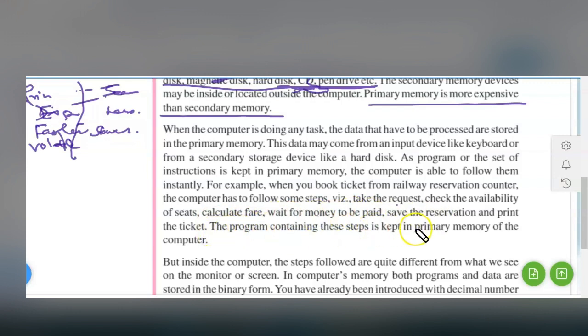All this information should go to some device, and it also needs to take input from the user. In such cases memory comes into play, and the program containing these steps is kept in primary memory.